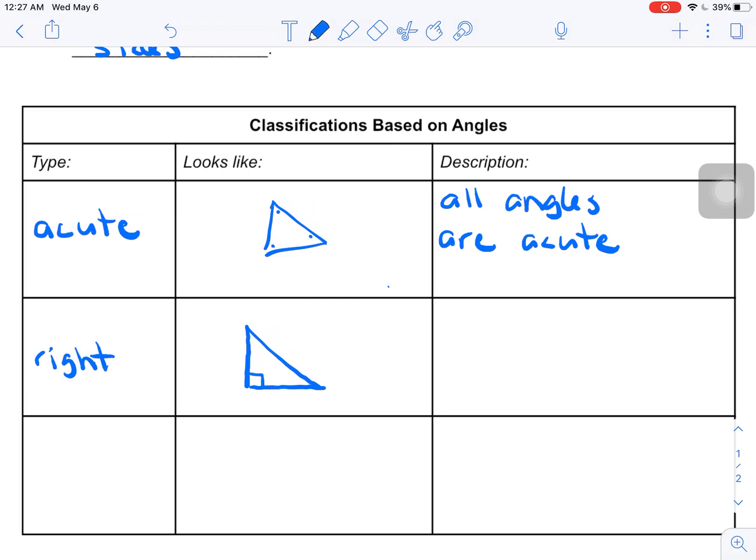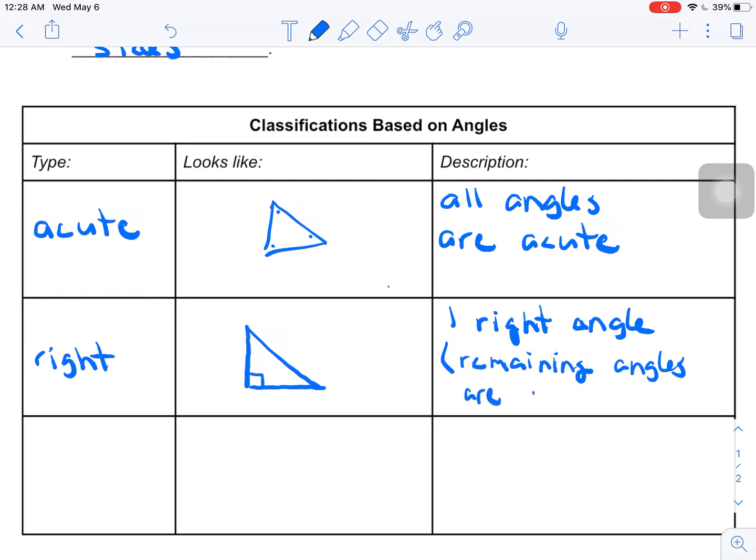So by definition, a right triangle has one right angle, but we know that that forces the remaining angles to be acute.